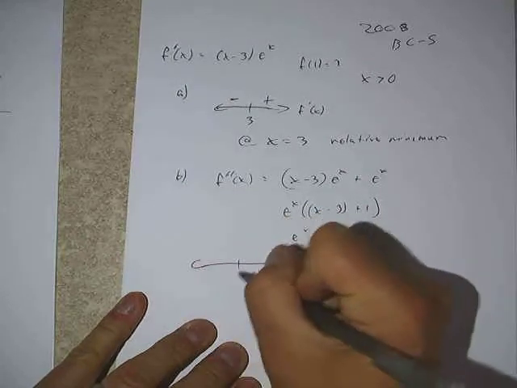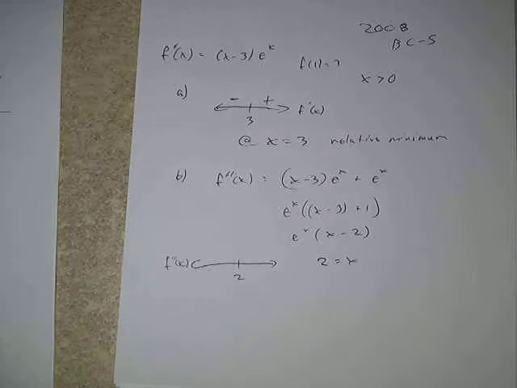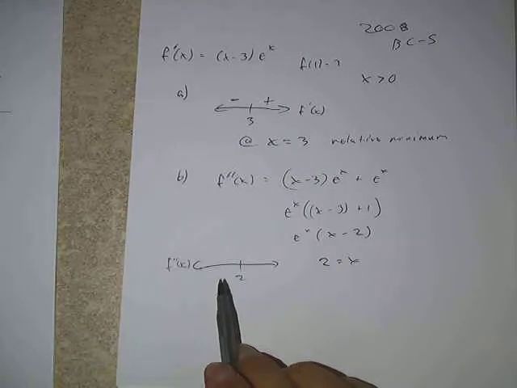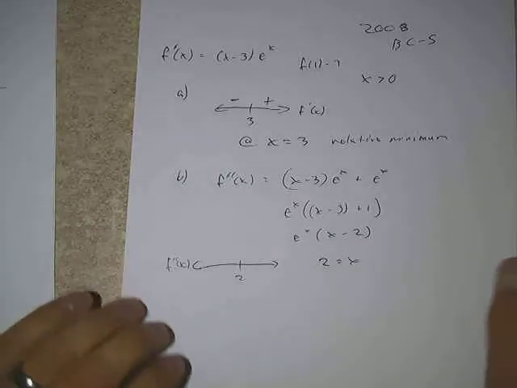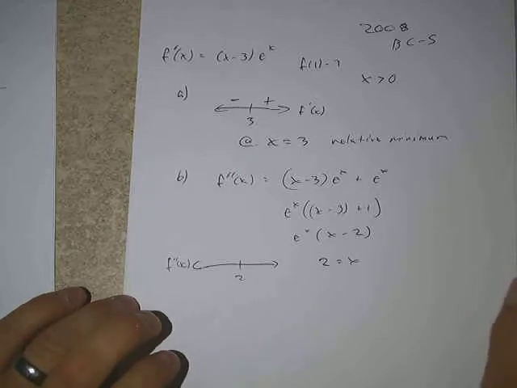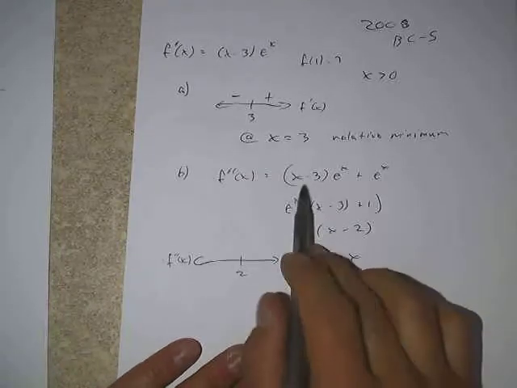And then we'd have e to the x times x minus 2 instead of minus 3. And it would equal 0 at 2 then. We set those two equal to 0 and solve. And so looking at our second derivative, see if we have a change in concavity at 2.